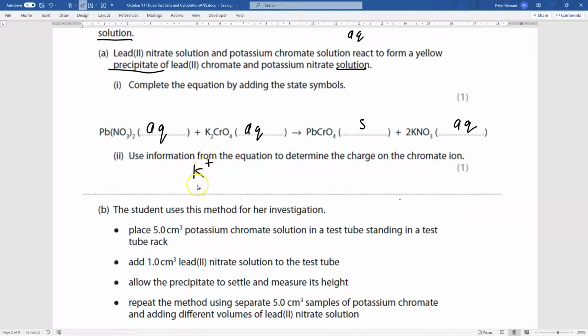So we've got 2 potassiums with a charge of +1. The chromate ion must have a charge which cancels out the 2 pluses, because potassium chromate has no overall charge. So the charge is going to be 2-. That's how we work it out. Therefore, we can write 2- down.